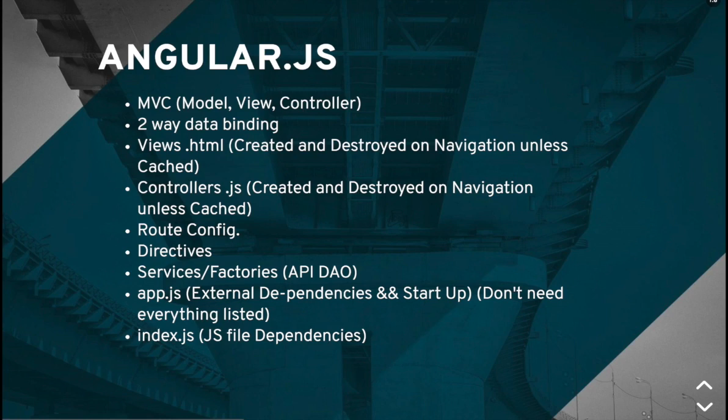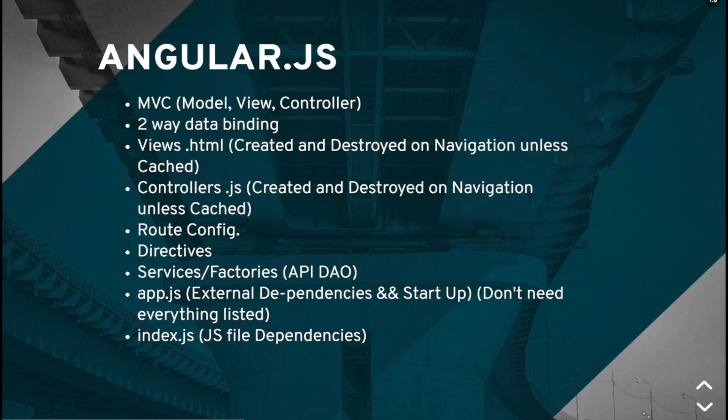And then you have directives, and that's where the controller and view relationship starts to get a little bit confusing. Essentially, a directive is a pairing of a controller and a view that doesn't have a route. So you're not going to navigate to it from your URL in your browser.